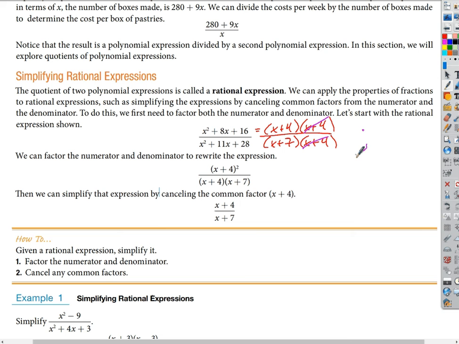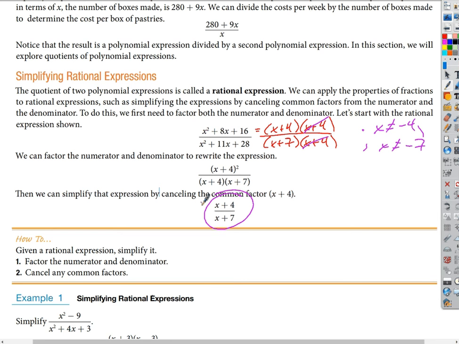Negative 4 or negative 7, right? So we know right away that x cannot equal negative 4 and x cannot equal negative 7. Those have to be excluded, because we started off with an x plus 4 on the bottom. But if we're going to write this in simplified form, we just cancel the x plus 4s, and that ends up being our answer.